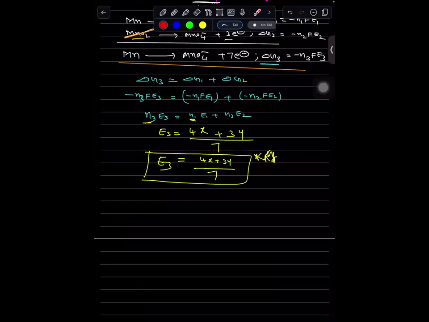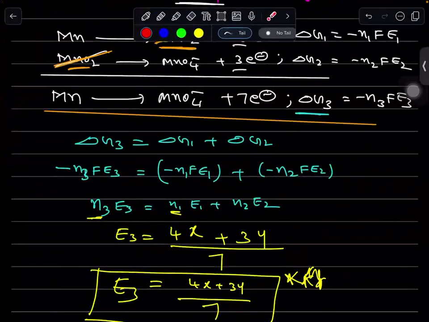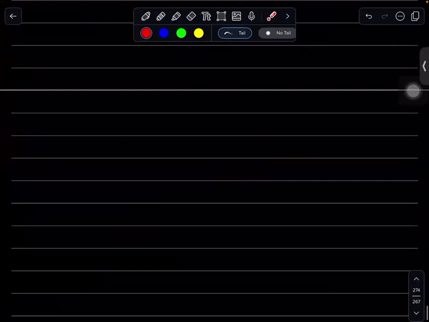Okay, so I'm giving one simple problem. Just check once and do this one. Very simple one.